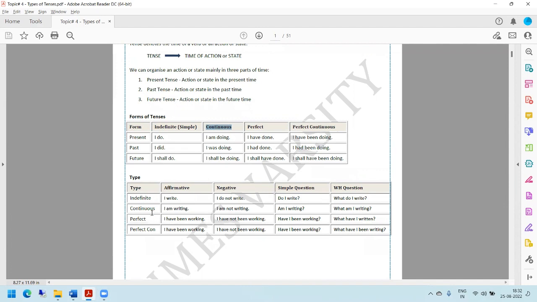Similarly, for present continuous, affirmative, negative, simple question, and WH question. Okay, now I'm going to take a test. So let's take a test.